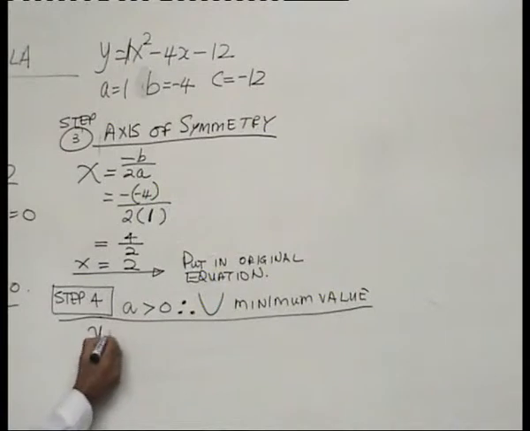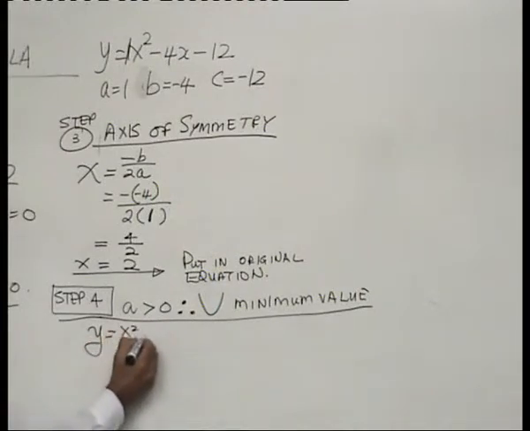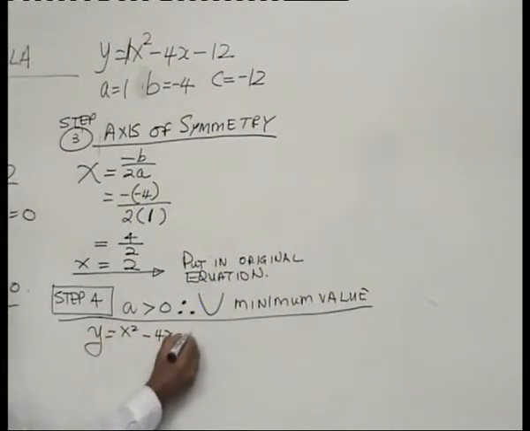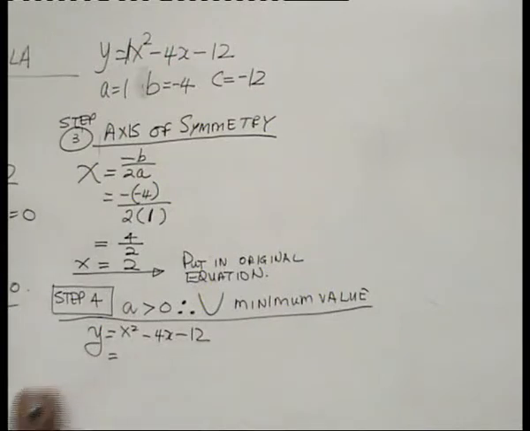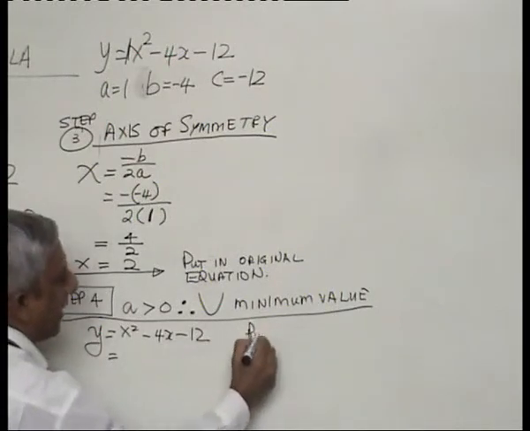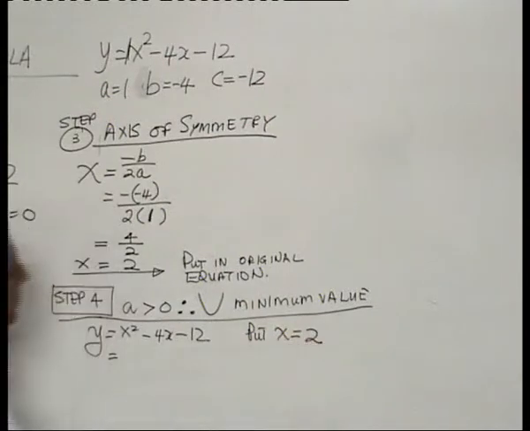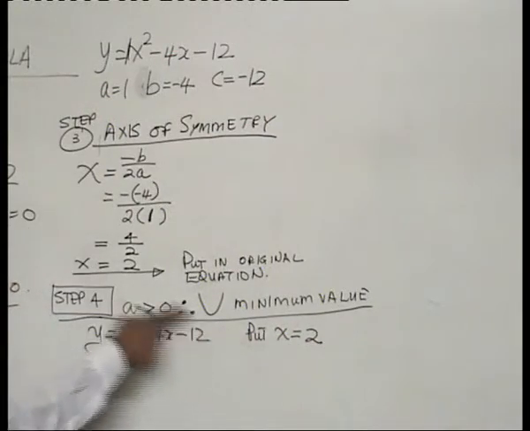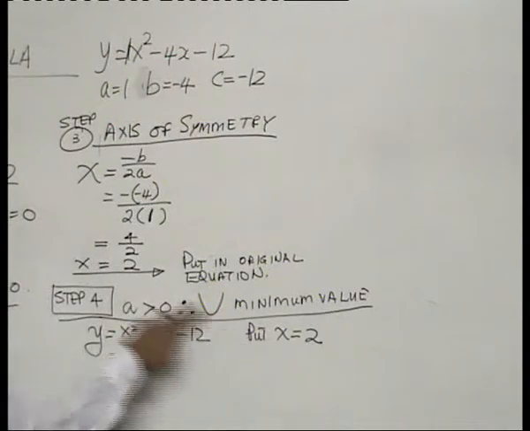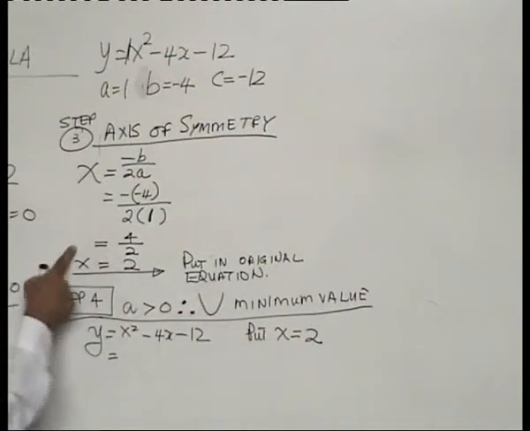Your original equation is y is equal to x squared minus 4x minus 12, and you've got to put x equal to 2. Now that x is equal to 2 is coming from the axis of symmetry.